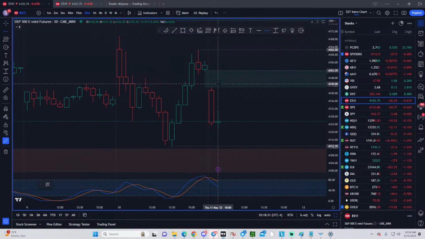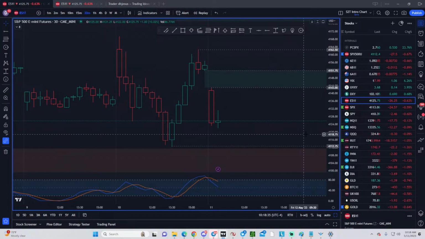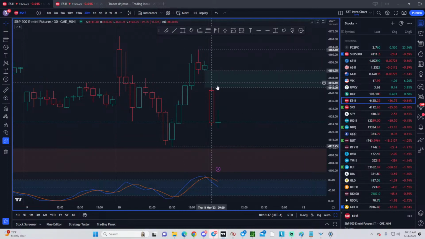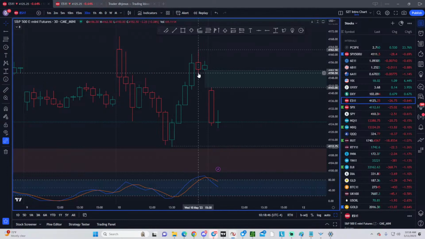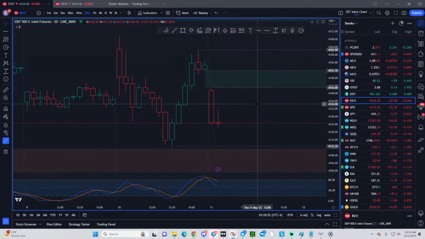So what this gap identifier is telling you is that there is a gap right there because we are below yesterday's closing price, or yesterday's close, my bad. You can see it identifies a gap, and that's what most people would refer to as a gap.